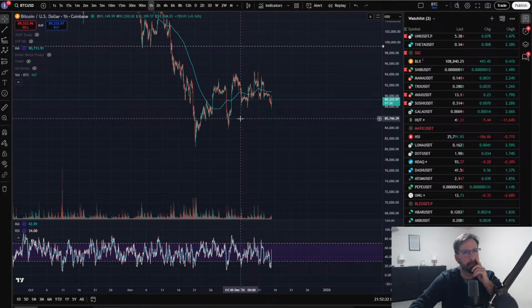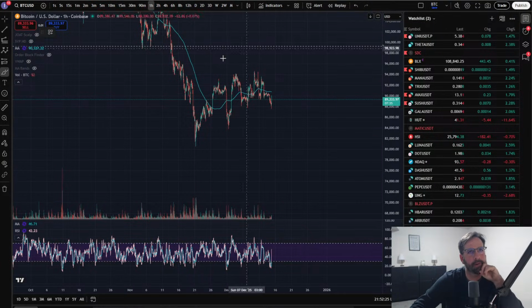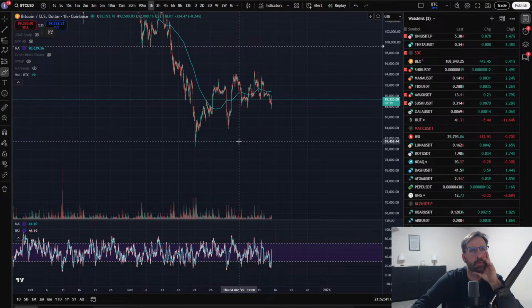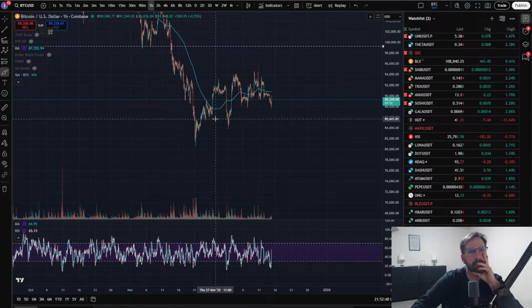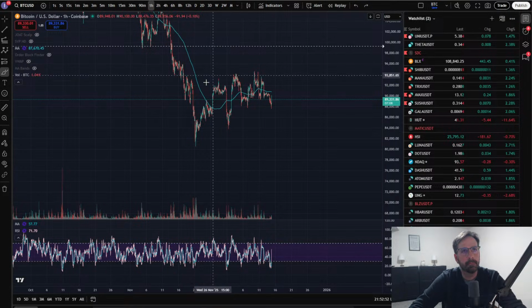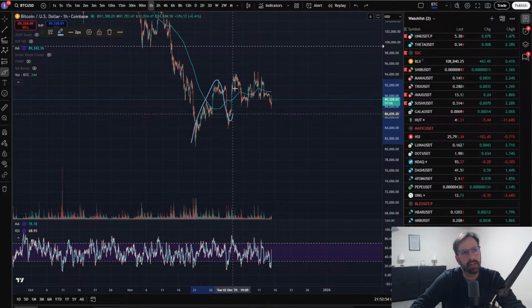See, the problem here, looking at this wave, just trying to figure out what this wave is, none of the wave counts make any sense. See, that makes sense right there as 3.